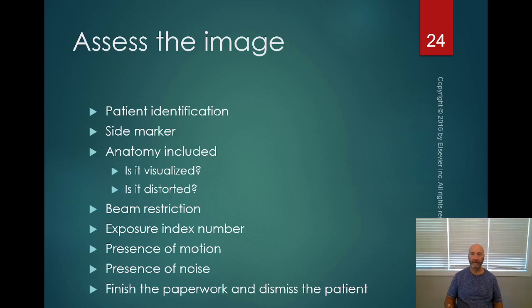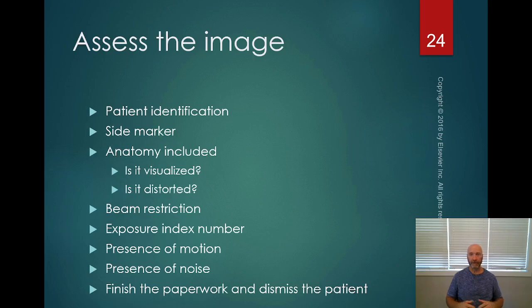So you have to have something else: John Doe 1, John Doe 2, John Doe 3, and that makes it a little bit harder to make mistakes between patients.